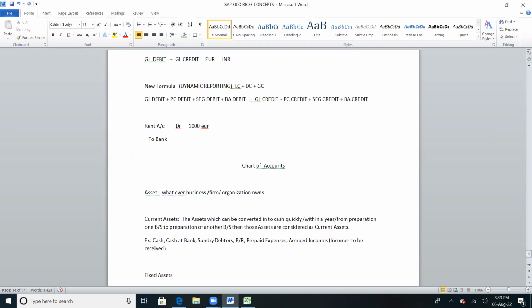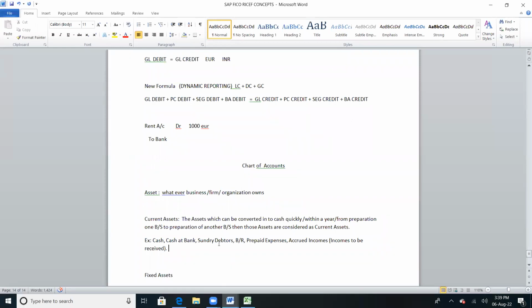Clear? Cash at bank, sundry debtors, bills receivable, prepaid expenses, accrued incomes. Accrued in the sense you have already worked, but you haven't received the income for that work. So you are going to receive it within a year. These all are considered as current assets.